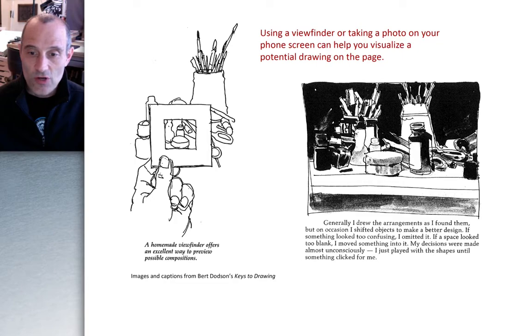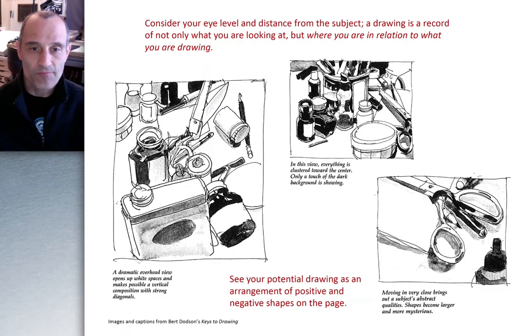If something looked too confusing, I omitted it. If a space looked too blank, I moved something into it. My decisions were made almost unconsciously. I just played with the shapes until something clicked for me. So this is one arrangement of scissors and glue and paintbrushes and so on, just things that he has already kind of sitting around him on his work desk.